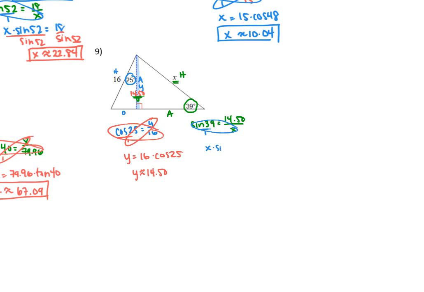So x times sine 39 equals 14.50, and then divide by sine 39. So 14.50 divided by sine 39, we get 23.04.